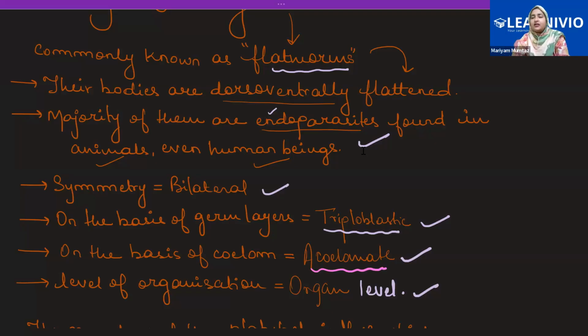For example, if an endoparasite lives in our small intestine, all of the food gets digested there, right? So they get the digested food as their nutrition. They will not have any kind of digestive system because they don't need it, since they are already getting ready-made digested food.